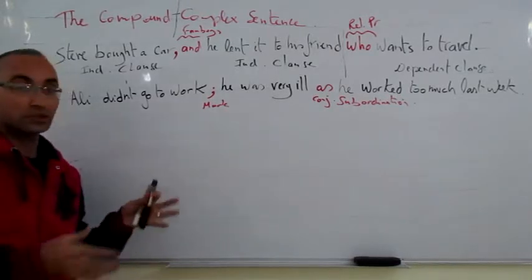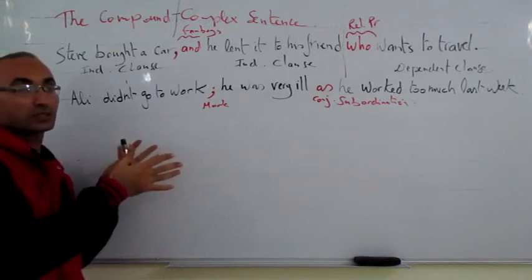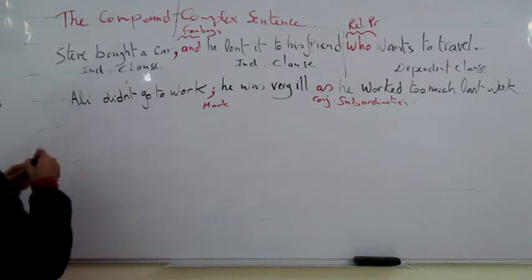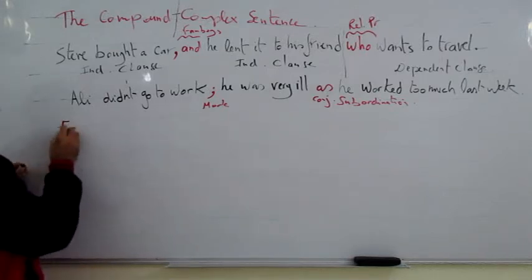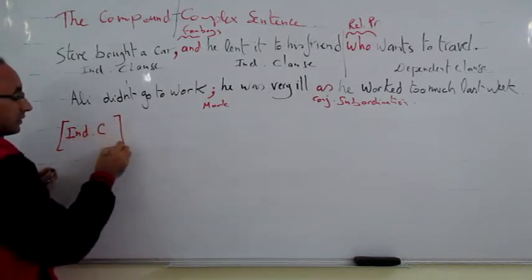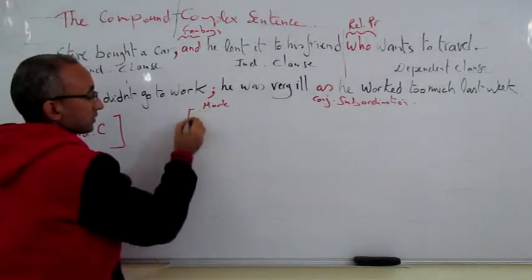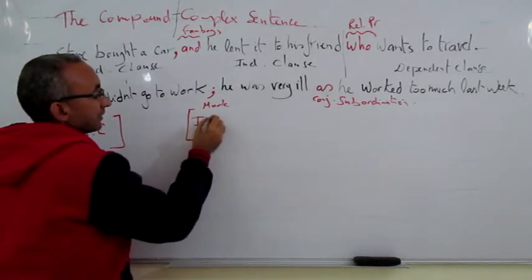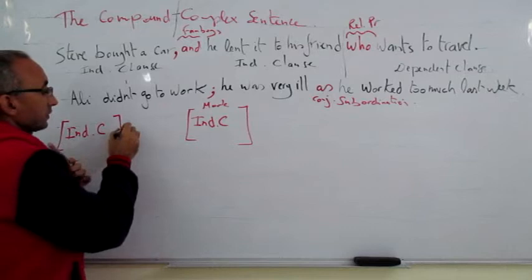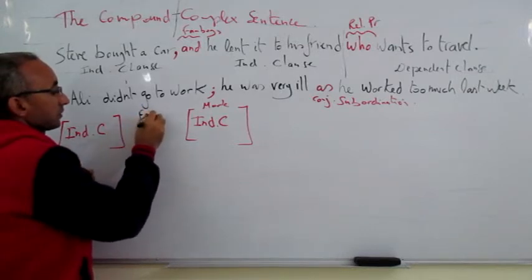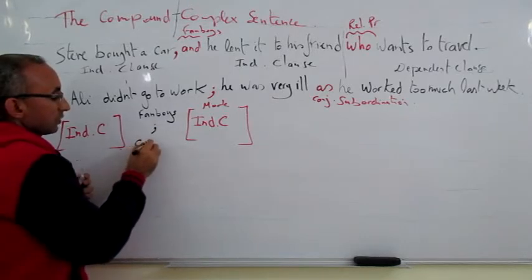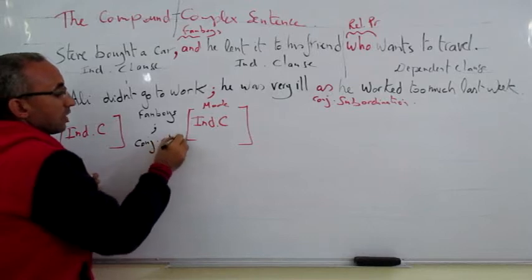So we can write here the structure of this type of sentence in detail. For example, we write what? We have an independent clause joined to another independent clause by means of either what? FANBOYS, or a semicolon, or conjunctive adverbs.